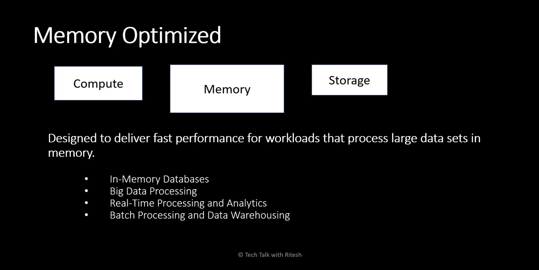So it is kind of real-time processing, as well as we are filling that information into big data, so that later on we can put some analytics on top of that. So that is also a good fit for a memory optimized solution. Batch processing, data warehousing, all these are use cases for a memory optimized EC2 instance.